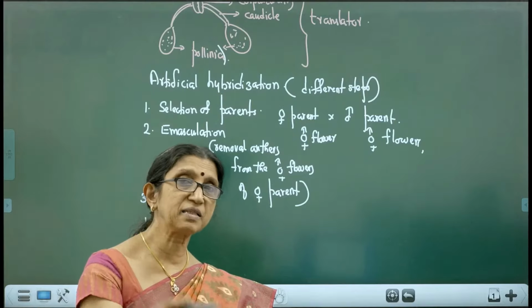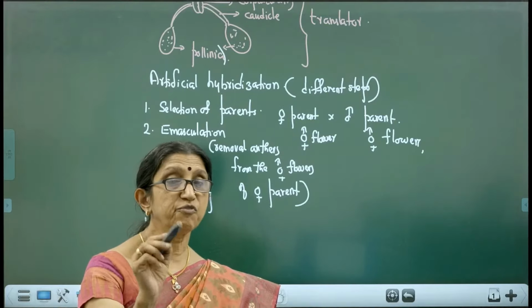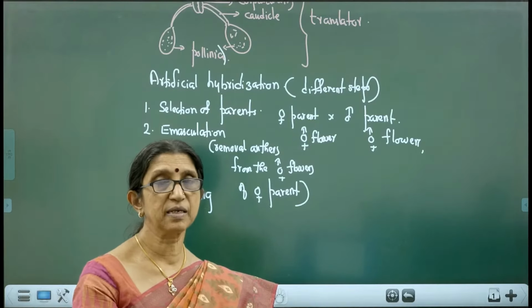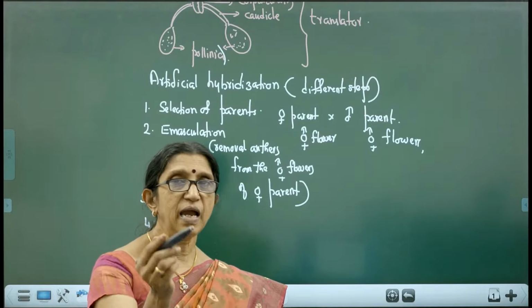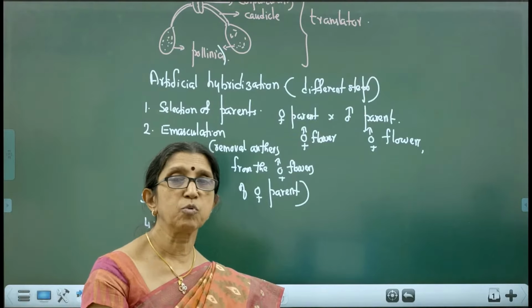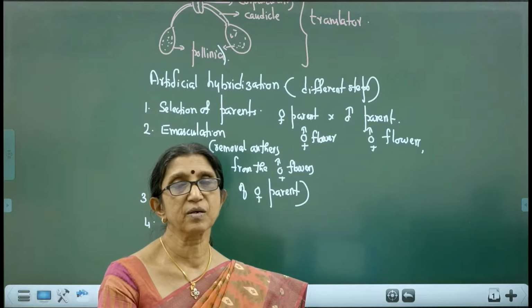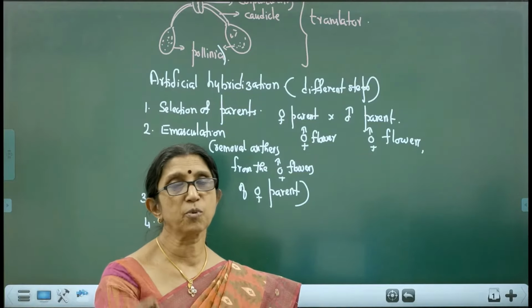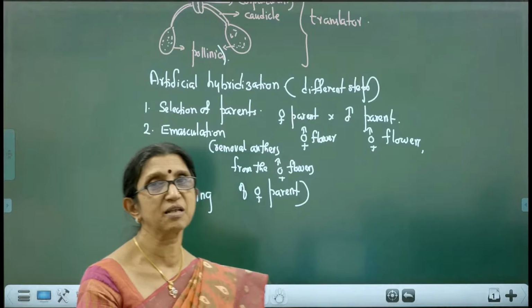Collect the pollen grains with the help of a fine camel hair brush, done by the breeder itself, and then put it over the stigma of the female parent. So pollination is done by the breeder itself.